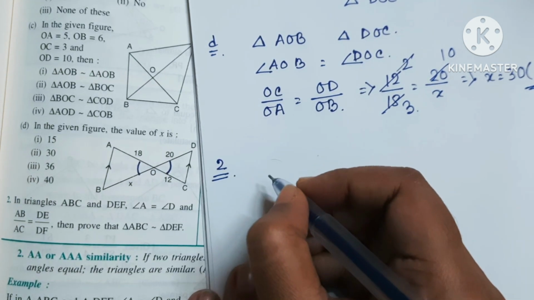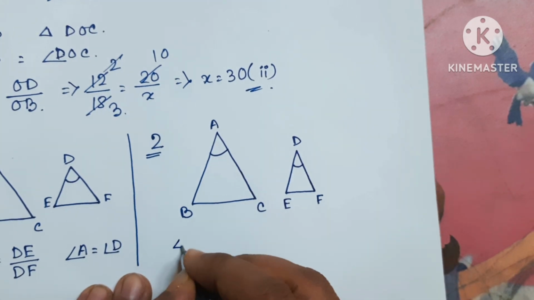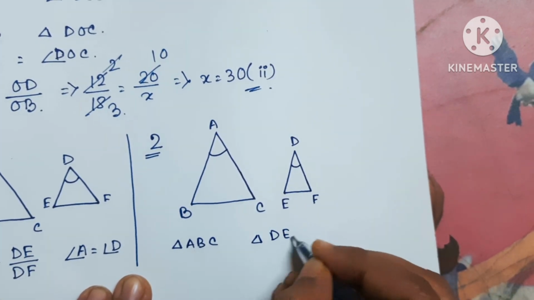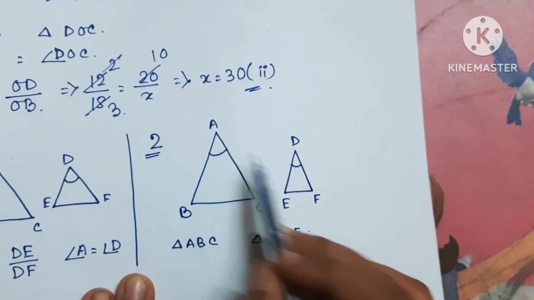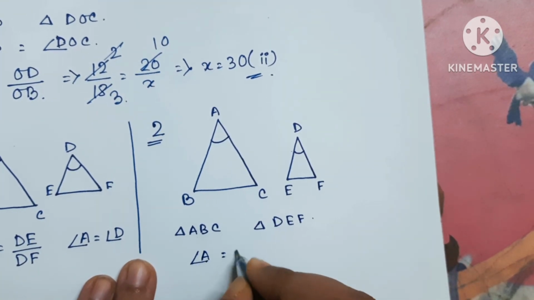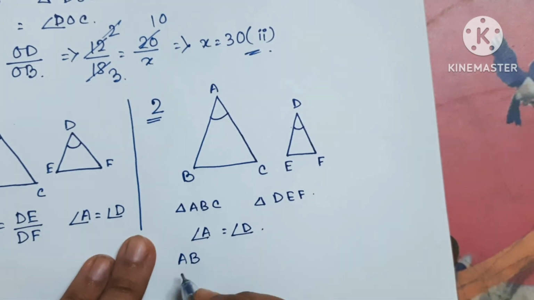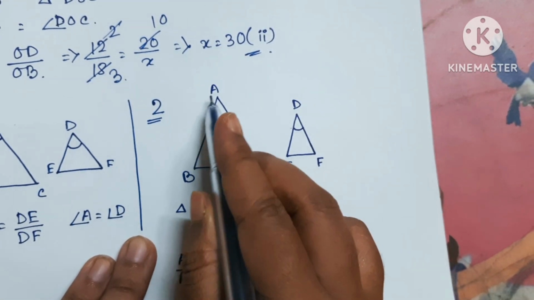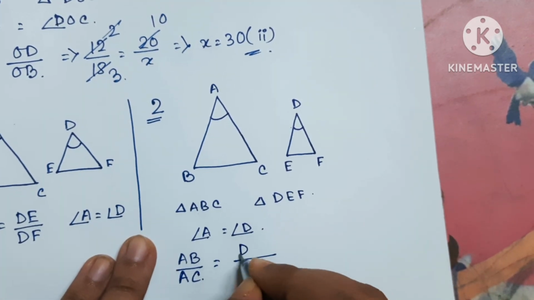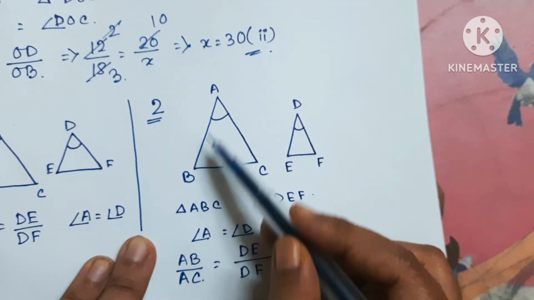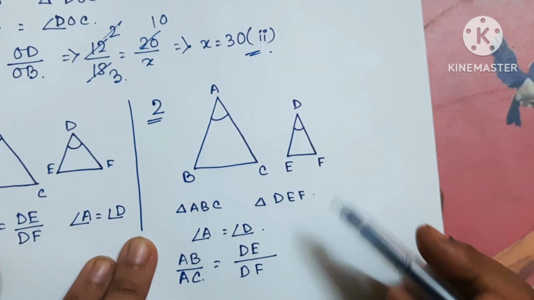Now see, it is given that in these two triangles, ABC and DEF, these two angles are equal. Angle A is equal to angle D, and AB by AC is equal to DE by DF. So these two sides and those two sides.